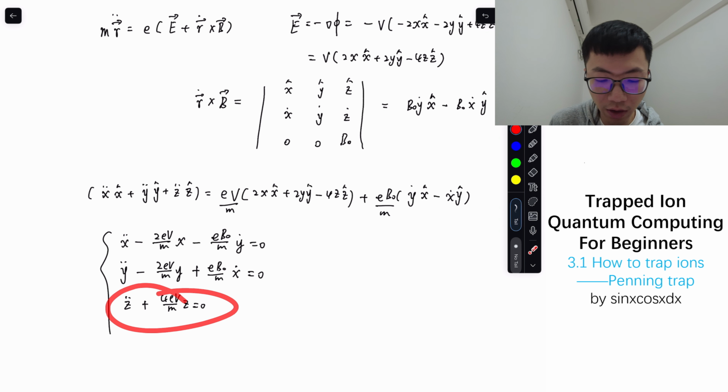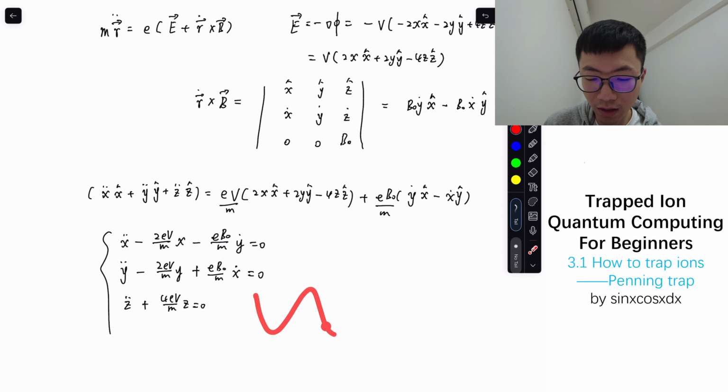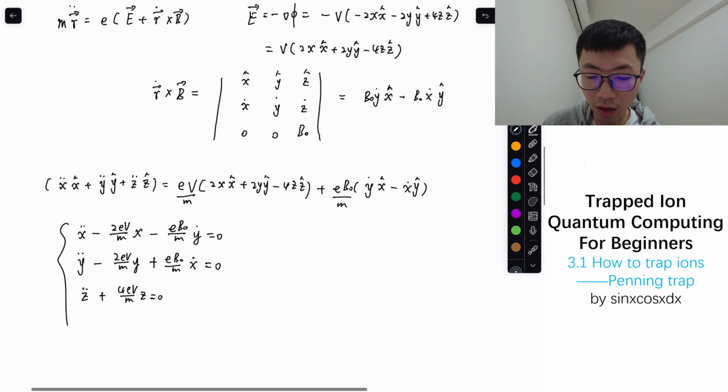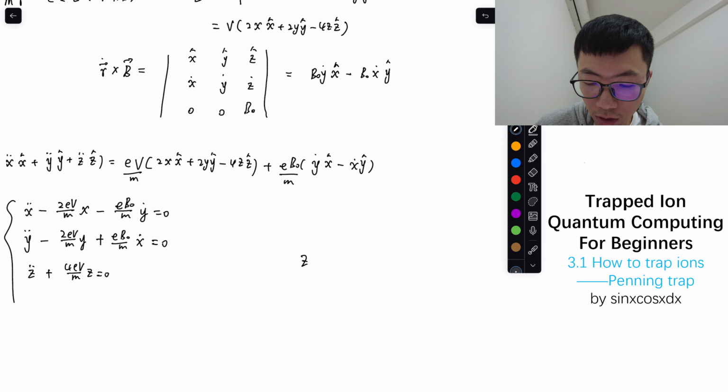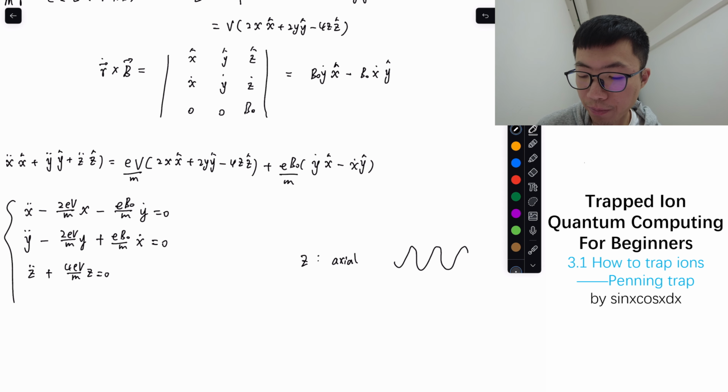As for the z direction, it's very simple. It's just a periodic oscillation, and you can just use cosine to describe it. So in the z direction, which we also call the axial direction, it's just this kind of oscillation.